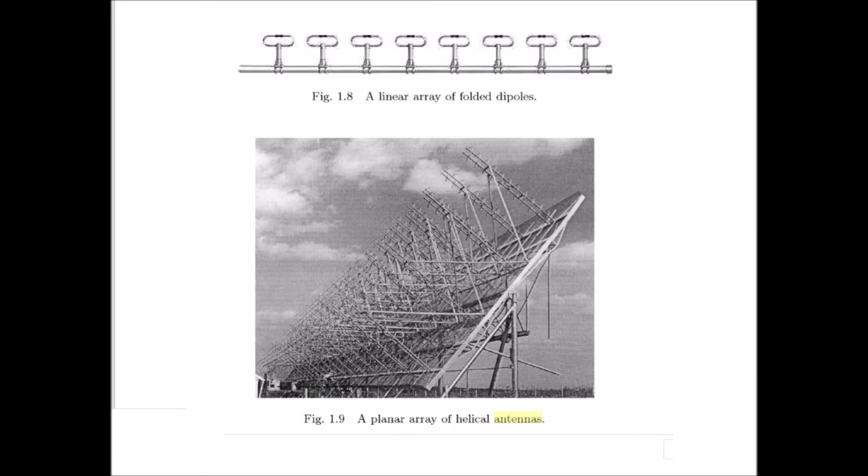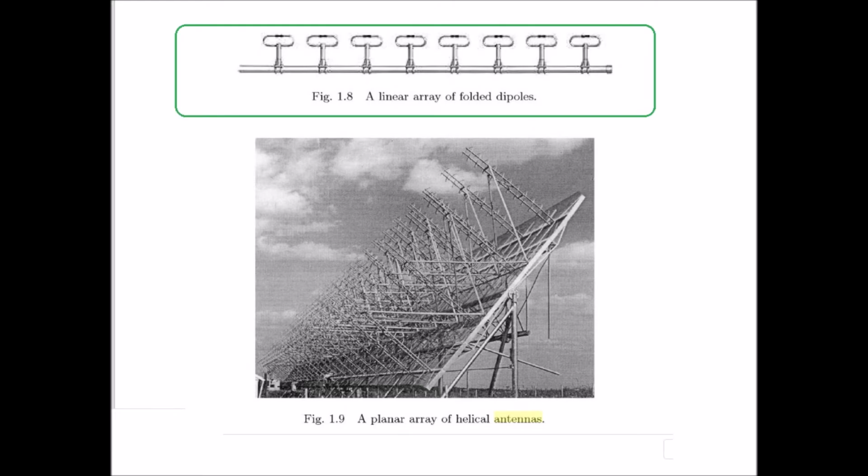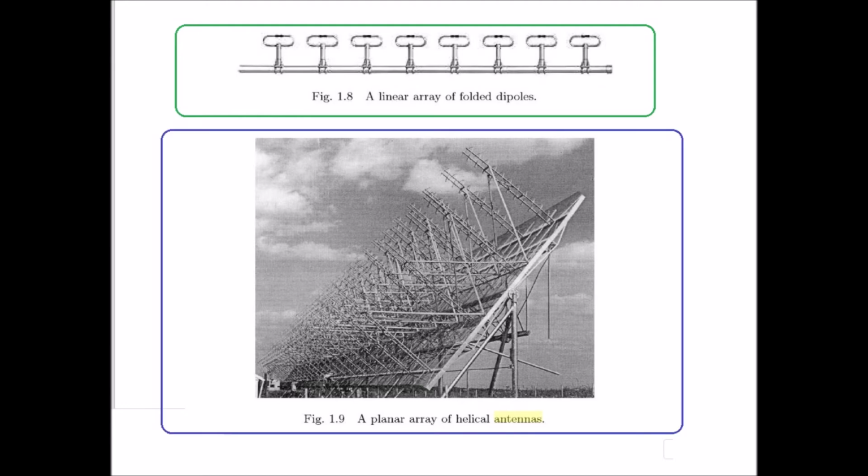One method of obtaining high-gain antennas is to use an array of fed elements, all of which are connected to a source. A linear array is one with the elements arranged in a straight line. The elements can also be arranged in a plane, resulting in a planar array.